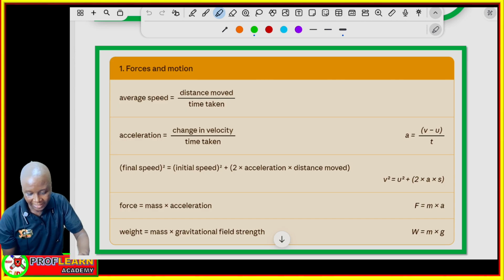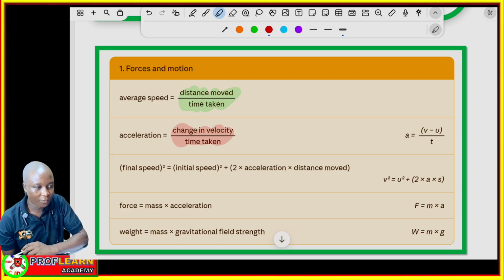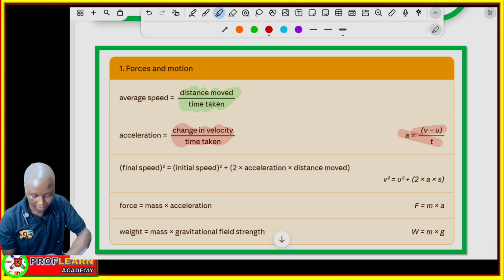If you are asked average speed, average speed is given by the formula total distance moved divided by the time taken. If you are told to calculate acceleration, it is change in velocity over time. And if you are given final speed and initial speed, we can use this particular equation.